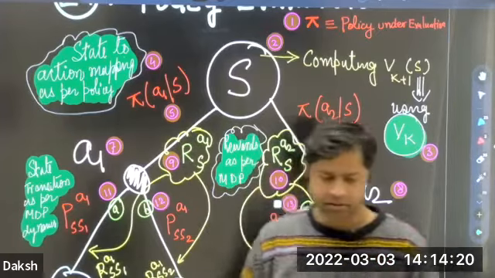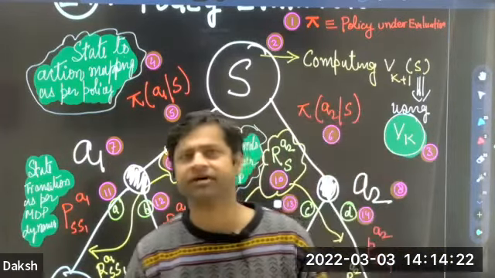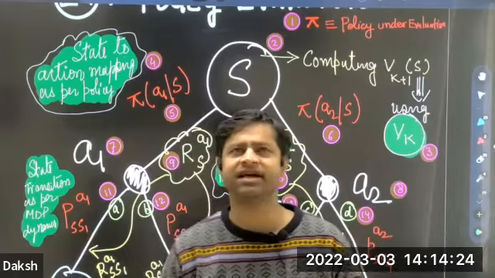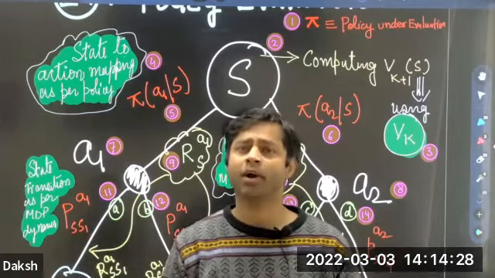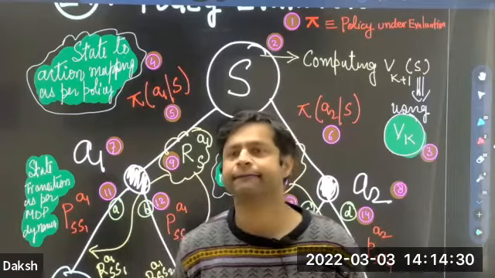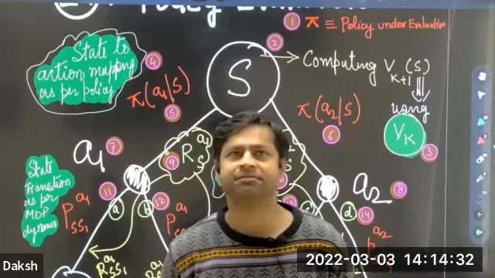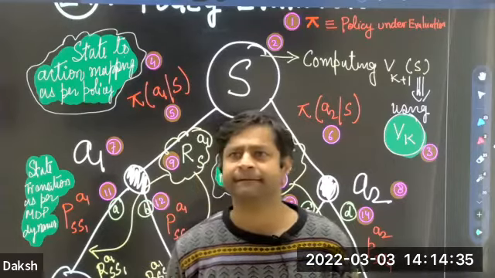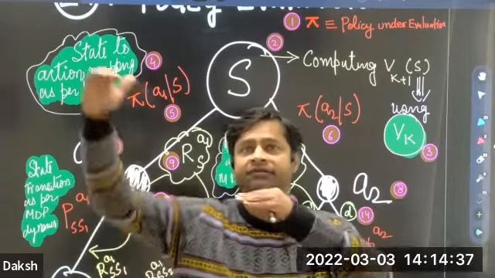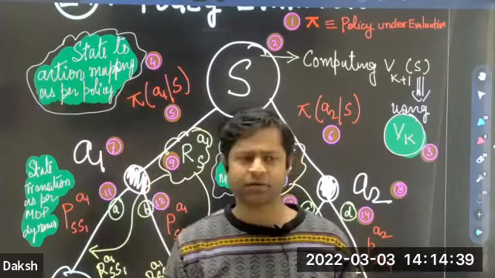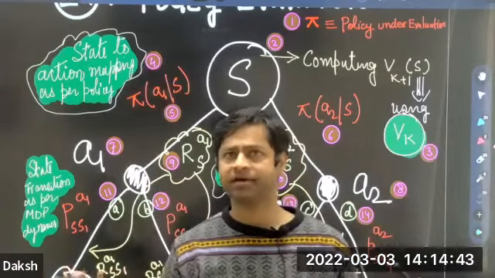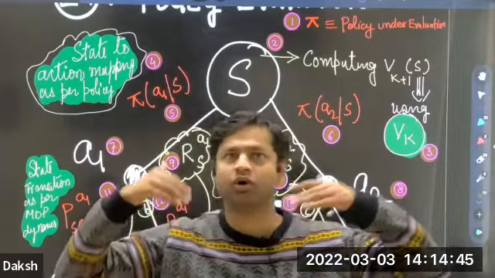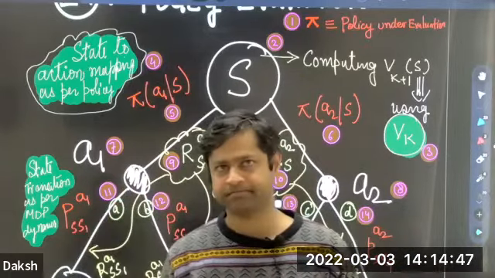Before that, the meaning of evaluation of a policy is: under this policy, what is the value of any state? Under this policy, what is the value of this state? Because if you know that given this policy this is the value of the state, and for all the states you know the values, that's the value function, you have got the evaluation of that policy.